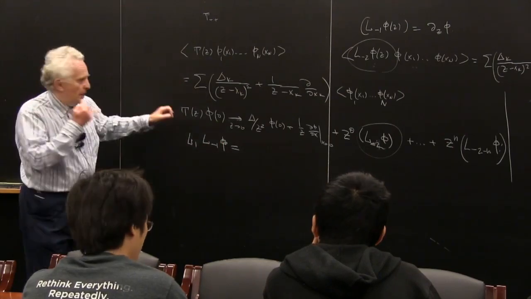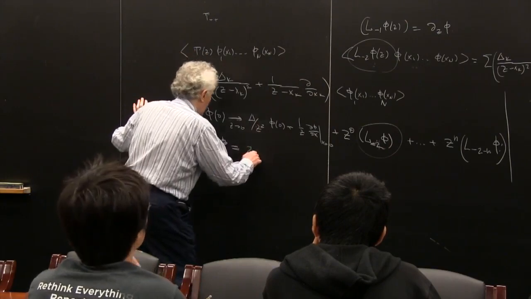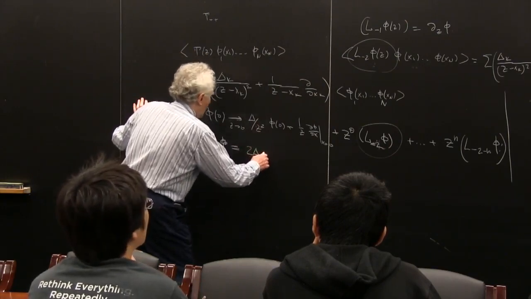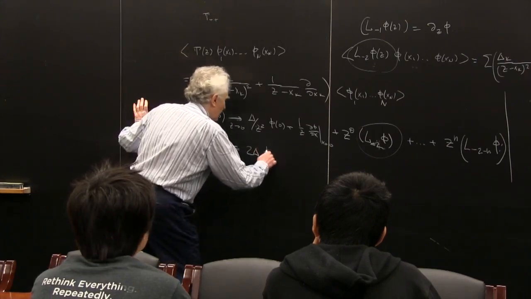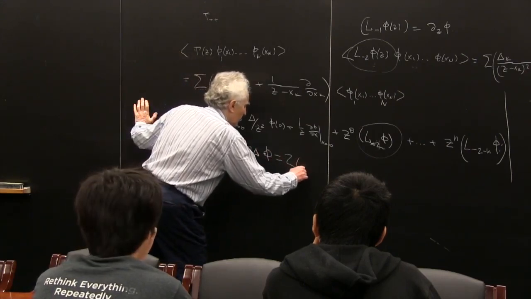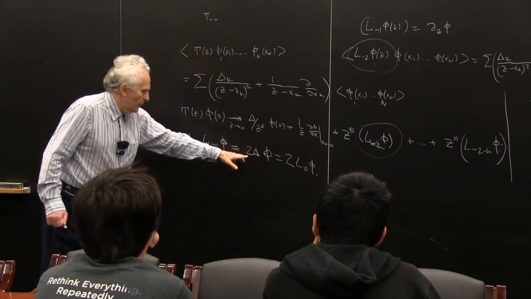Yeah, it will be clearly 2 delta multiplied by phi, or it will be 2 L0 phi. So how did I get this?